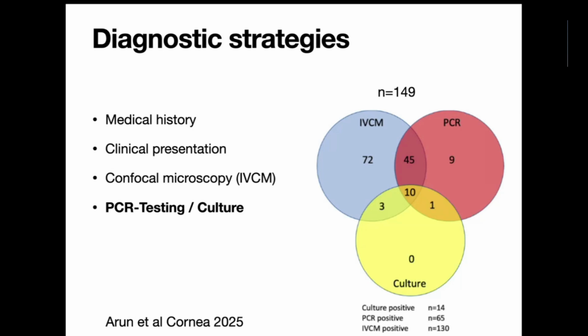As you can see in the study here from Arun et al., they brought up 150 patients, and the majority of these had positive confocal microscopy, but only a minority had PCR positive results, and culture results had an even lower chance of a positive finding. But on the other hand, the specificity is really good for PCR and culture.